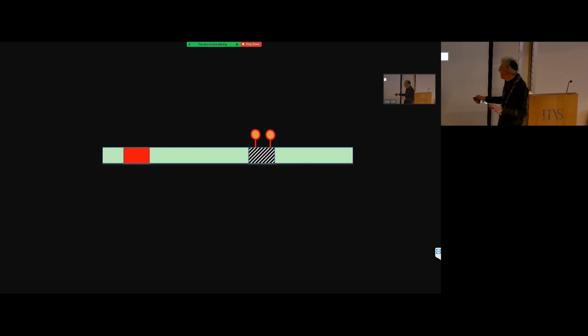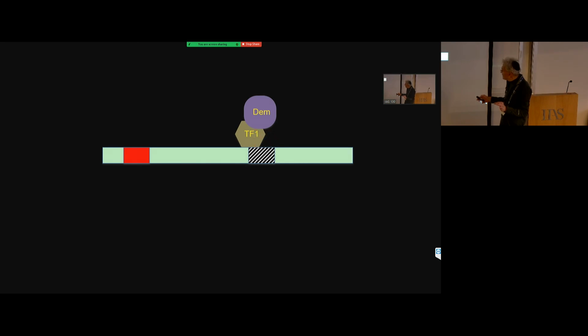What happens during differentiation of the specific tissue is that there's a transcription factor that can bind here, even though the DNA is closed, even though there's a closed chromatin conformation, it can bind. And the binding attracts the demethylation machinery that brings about demethylation.